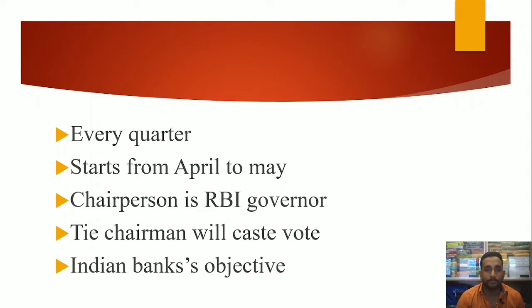In case of a vote, the last preference goes to the Reserve Bank of India governor, who casts the deciding vote in case of a tie, okay? I already said the objective of the Monetary Policy Committee is to control or accelerate the inflation, right? Inflation decides the purchasing power of the people.